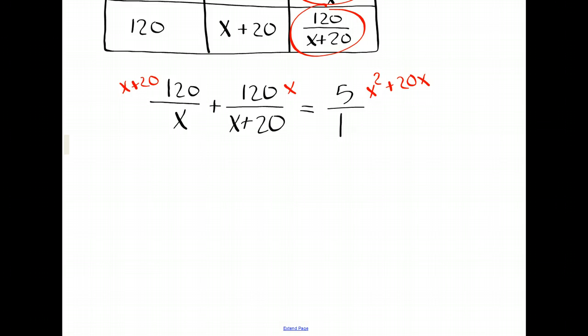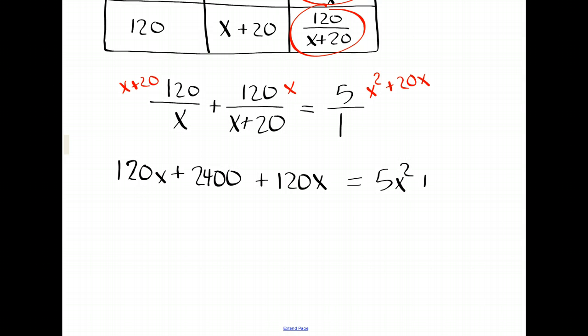So if we clean this up, we get 120x plus 2,400, and over here plus 120x, and then that equals 5x squared plus 100x. So another quadratic equation to solve.